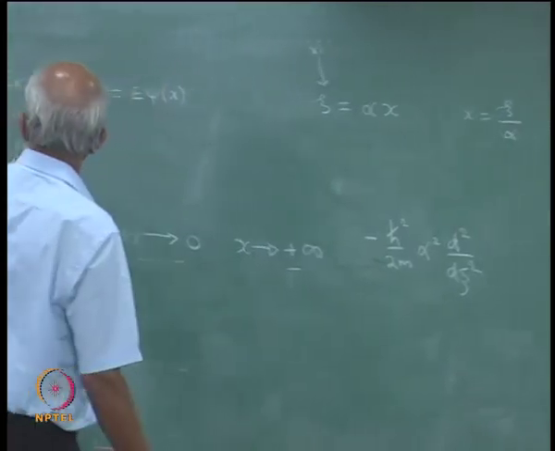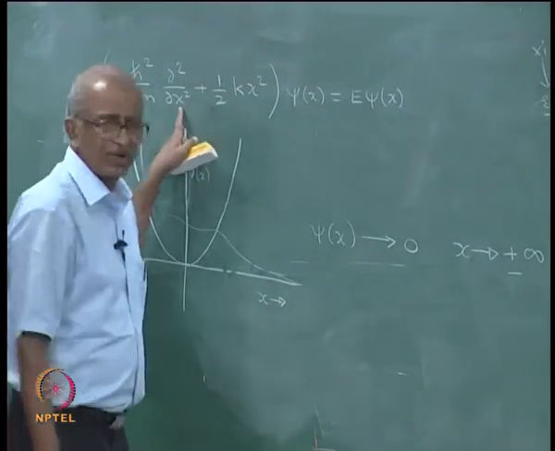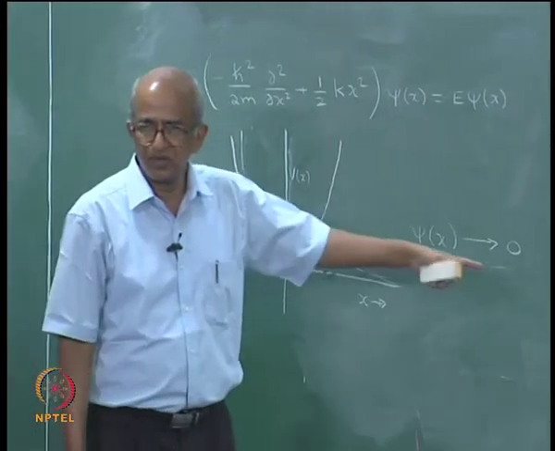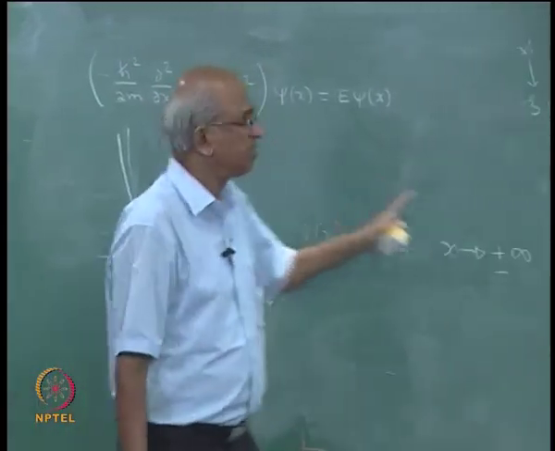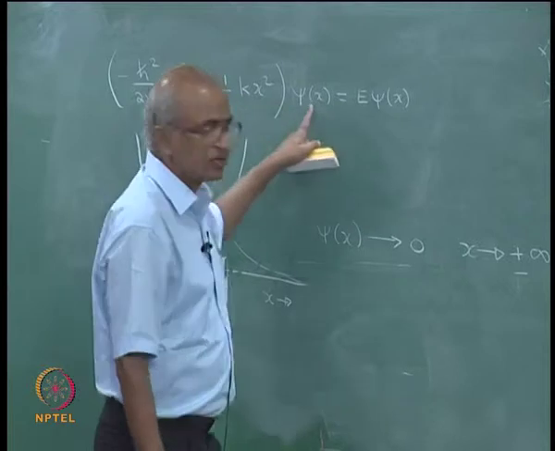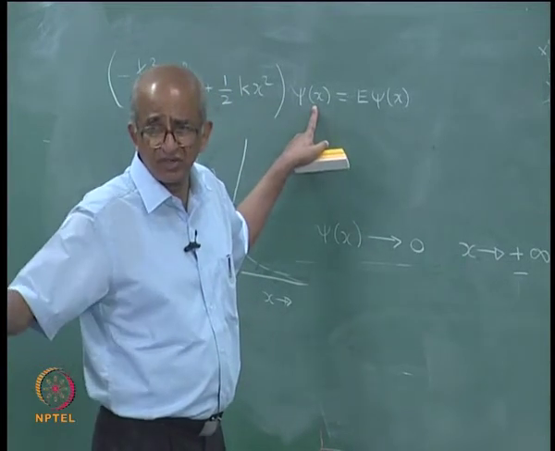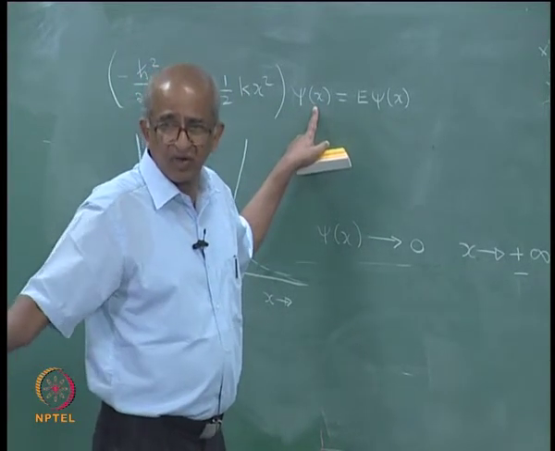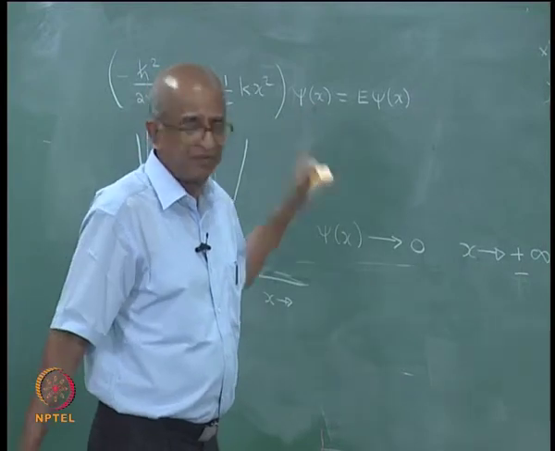Notice also that I was using partial derivative notation, which really is not needed. So, I am not writing it anymore. Why? Because this operator is going to operate only upon psi, which is a function of x alone, only one variable is there in psi.